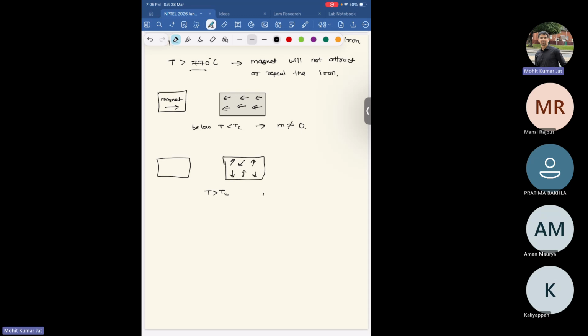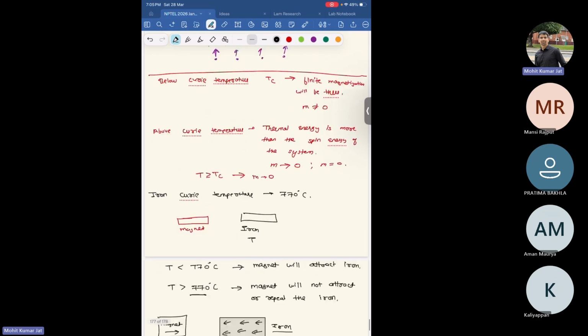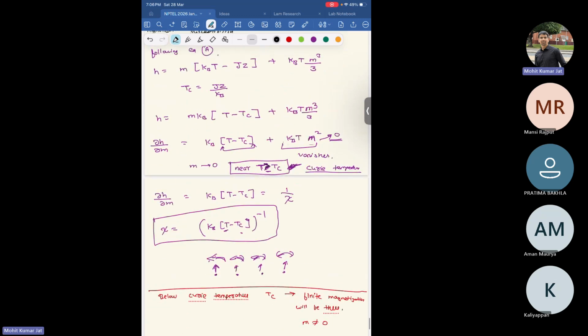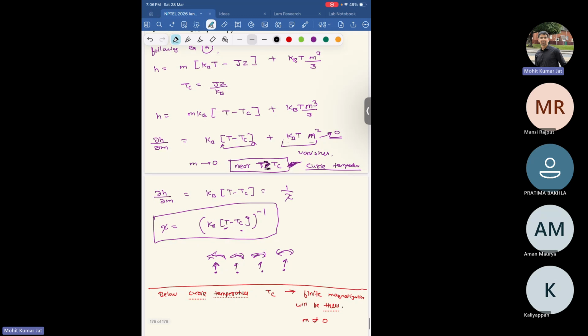Since M equals zero in this case, your magnet will not attract or repel your iron. That's why we took the second term to be zero: if the temperature is greater than or equal to Tc, then in all cases your M will be zero.